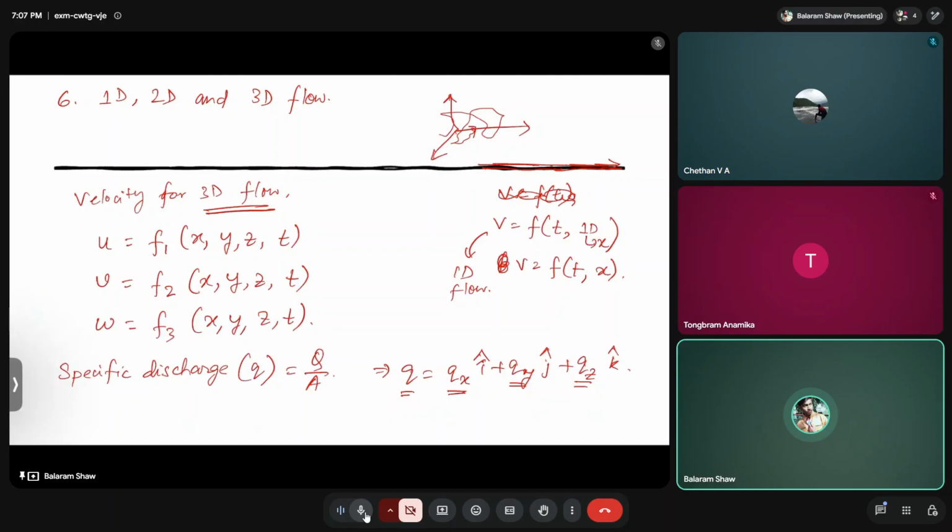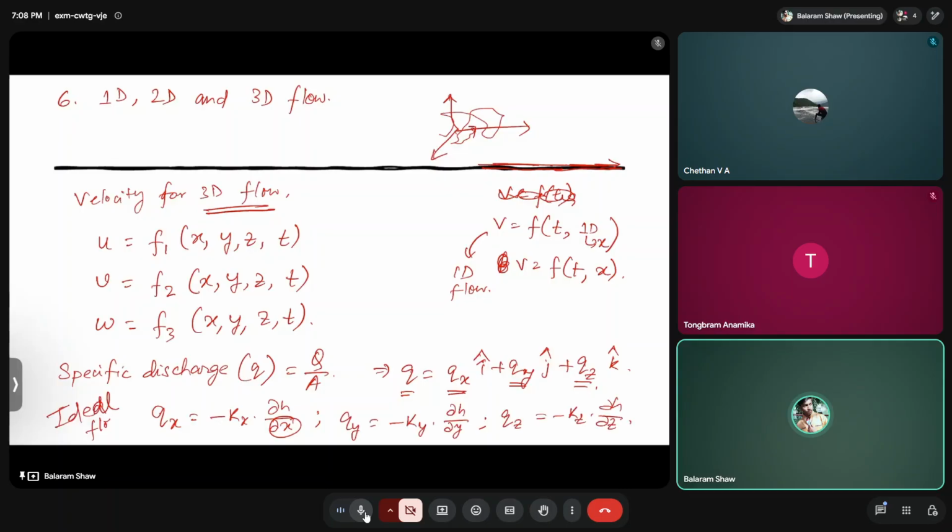So we can write qx as minus Kx into del h del x, where del h is the head difference and dx is in the x direction. Whereas qy will be minus Ky into del h del y, and qz will be minus Kz into del h del z, right? But this is an ideal case, for ideal aquifer, ideal flow.